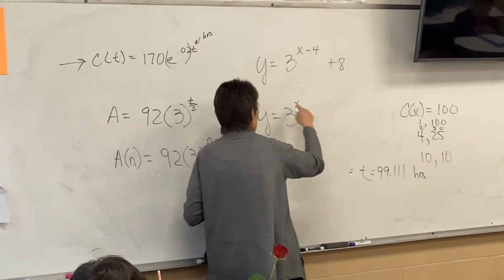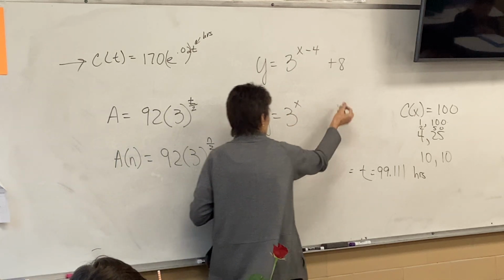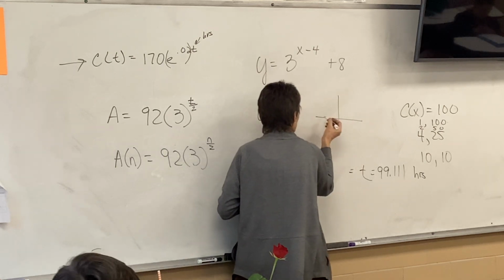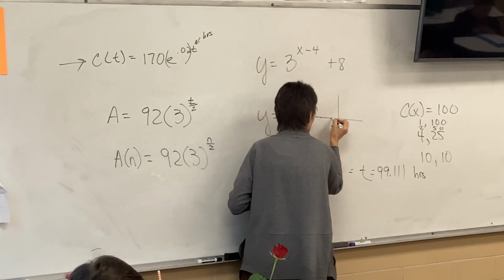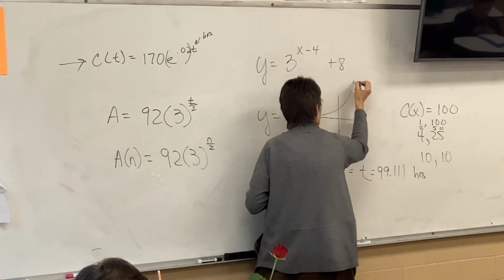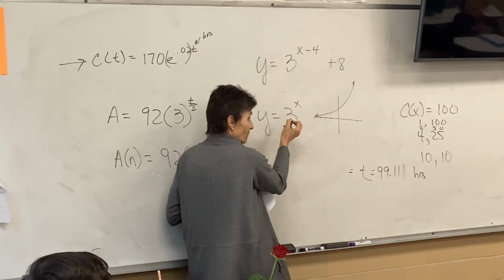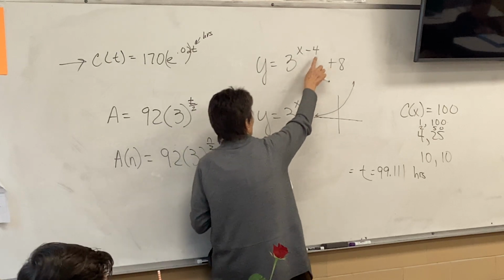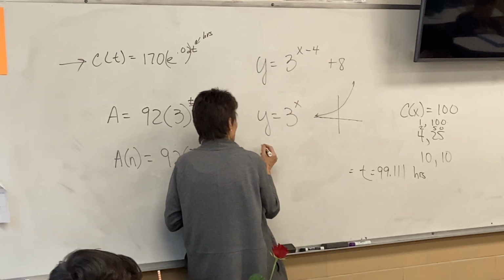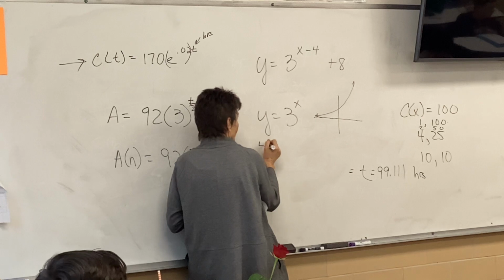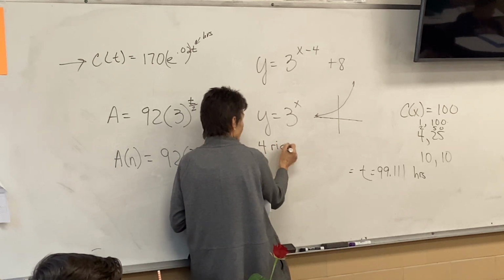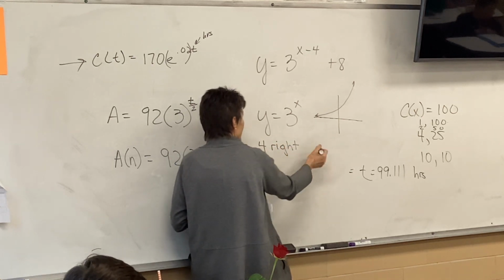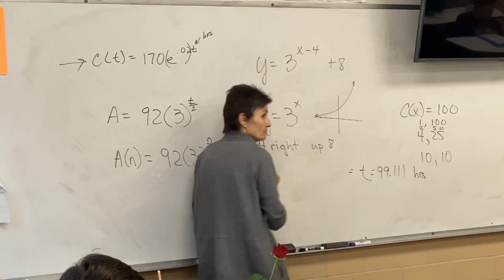All right, so what have we done to this then? This guy right here would look like this. That's what the parent function looks like. So it says, what are the transformations? Well, what did we do here? We moved it 4 to the right and up 8.